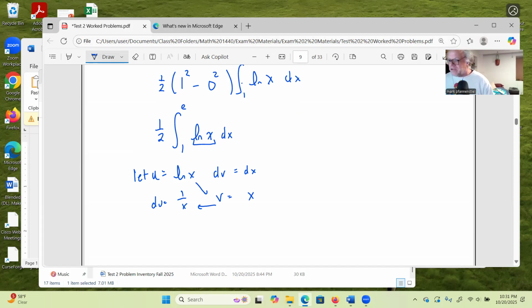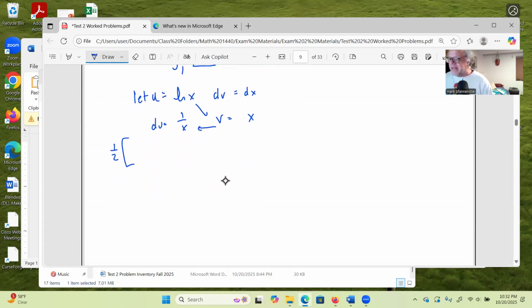So we're going to say this is 1 half times, and now I'm integrating natural log x. And all that's going to be is x ln of x minus the integral of x times 1 over x dx. Okay, this is dx right here. So we have 1 half x ln of x minus, and then we can go ahead and combine this.